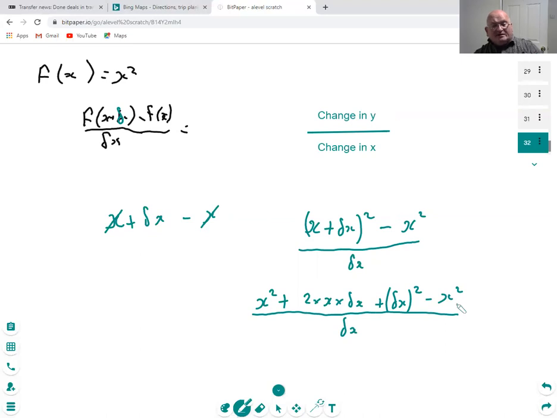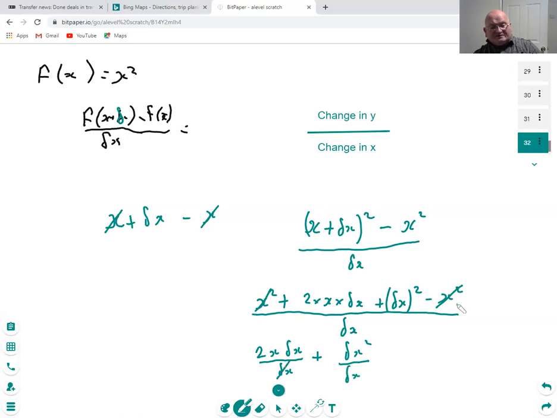So what can we do with this then? Well, x squared, take away x squared, that's just going to disappear. Okay, so now we've got 2x delta x plus delta x squared. So I'm going to split this up: 2x delta x over delta x plus delta x squared over delta x.